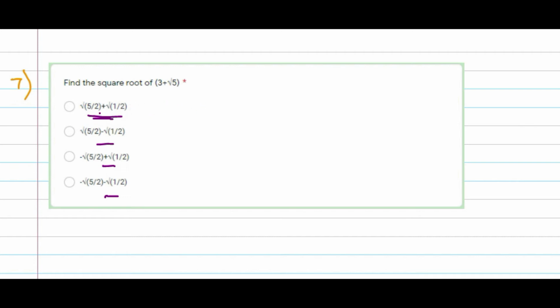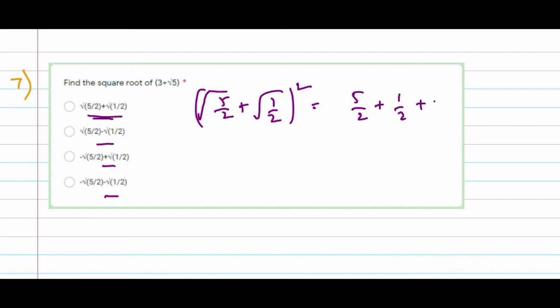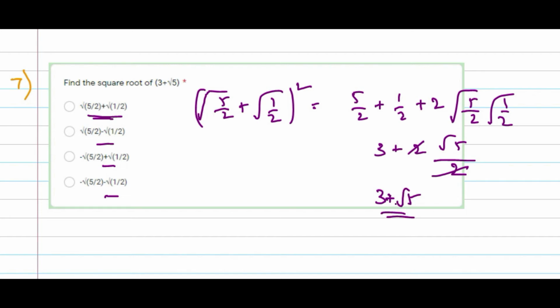So let me have the square of this one, root 5 by 2 plus root 1 by 2 square is equal to a square plus b square plus 2ab. 5 by 2 plus 1 by 2, so it is 6 by 2 is 3 plus 2 root 5 by root 2 into root 2, which is again 2. 2 will get cancelled. So it is 3 plus root 5. So this is correct. So the first one is the answer. Let's move on to the next problem.